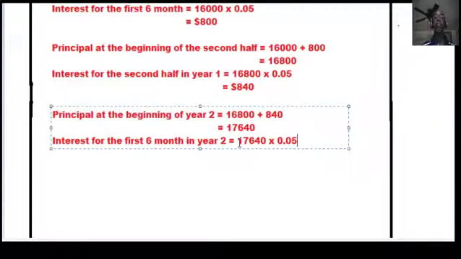This equals $17,640. Here, you keep getting a new principal.